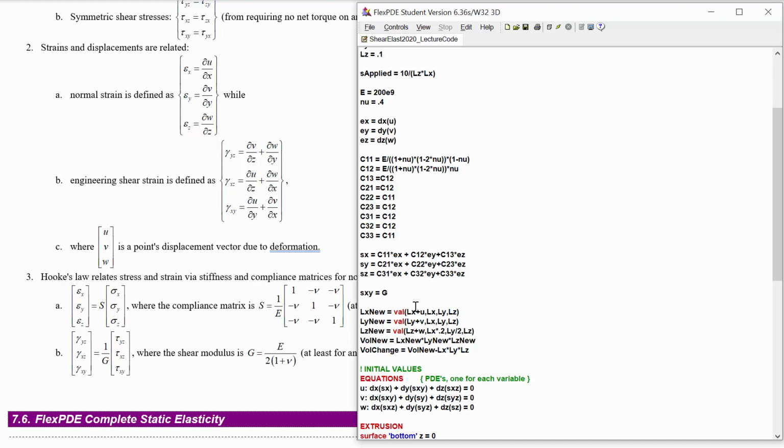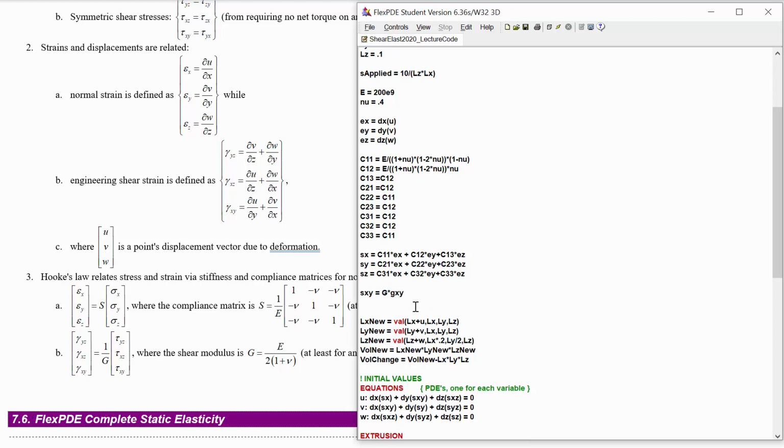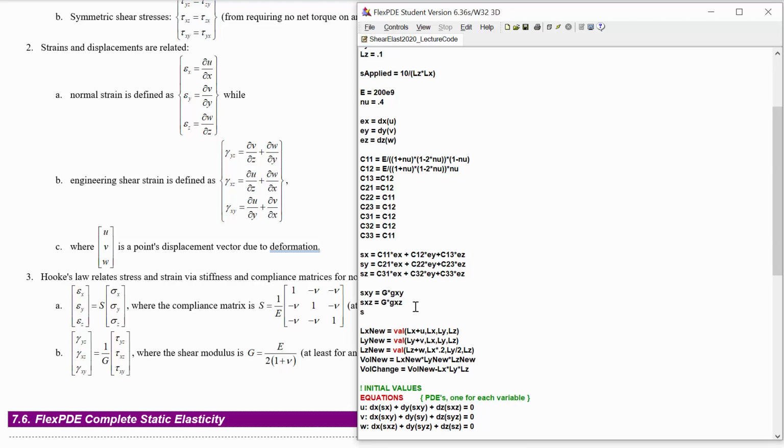So we'll say that this is G times gamma. Let's say little g. Unfortunately, little g and big G are the same, so we're going to give subscripts to this.